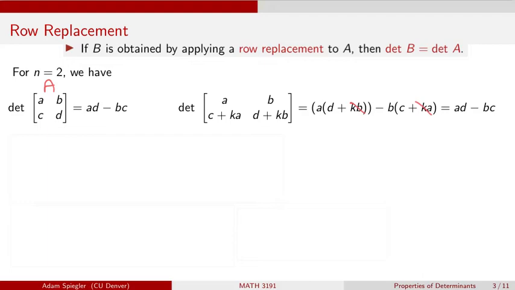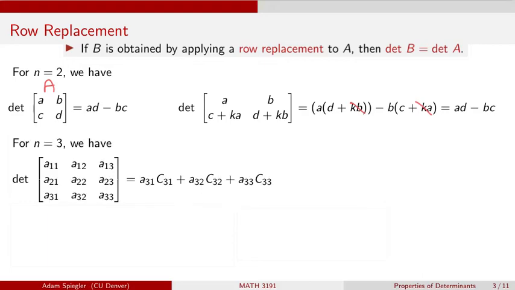Okay, so now let's see what happens when we jump up to the next size, namely a 3 by 3 matrix. I've got some matrix A written out below, just the general form. For example, I could calculate the determinant of this matrix using a cofactor expansion across the third row, and that would look like A31 times cofactor 3,1 plus A32 times cofactor 3,2 plus A33 times cofactor 3,3.